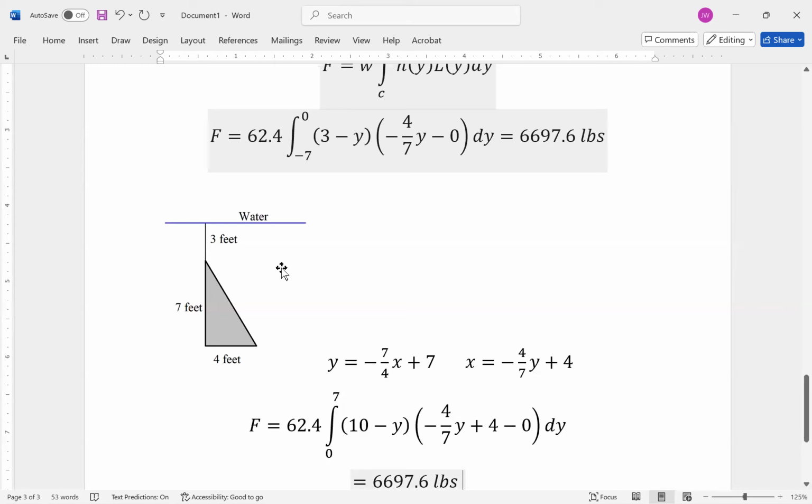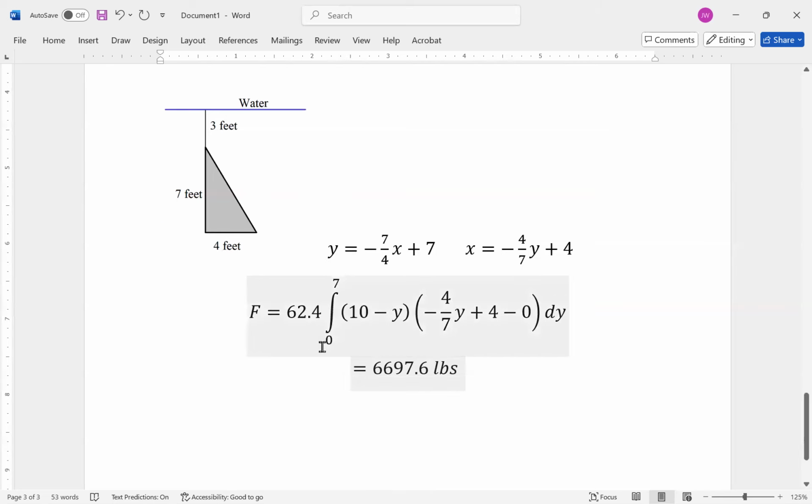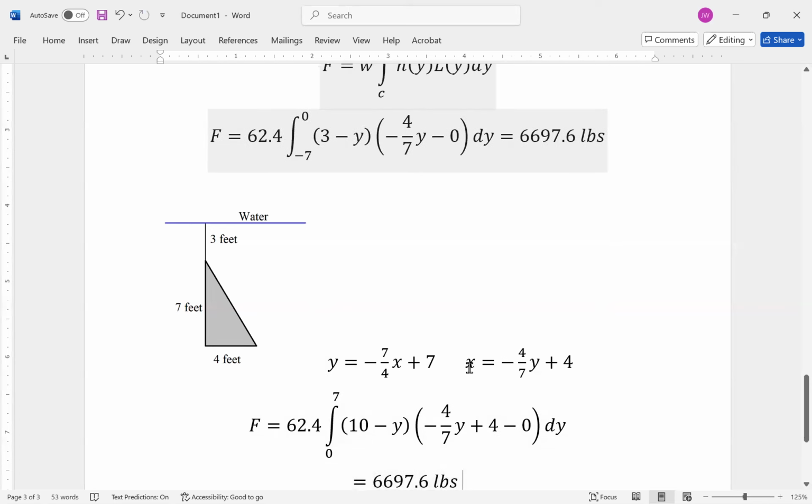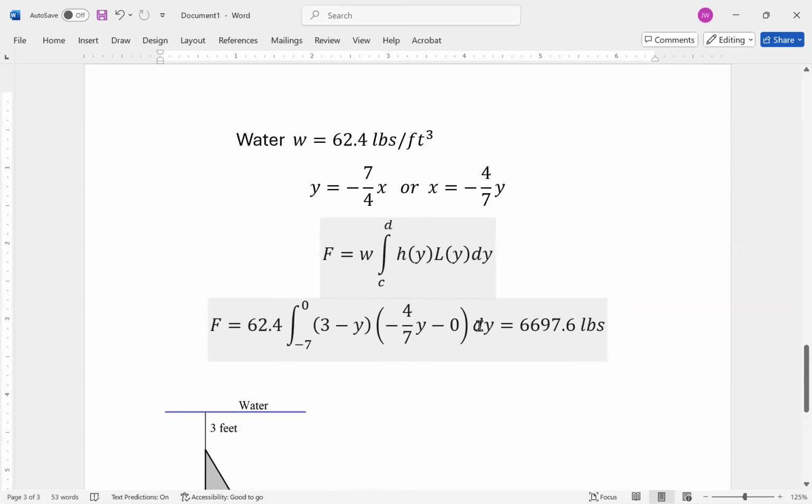As long as you do the correct integration with your orientation, you'll get the same answer. So 6697.6 pounds.